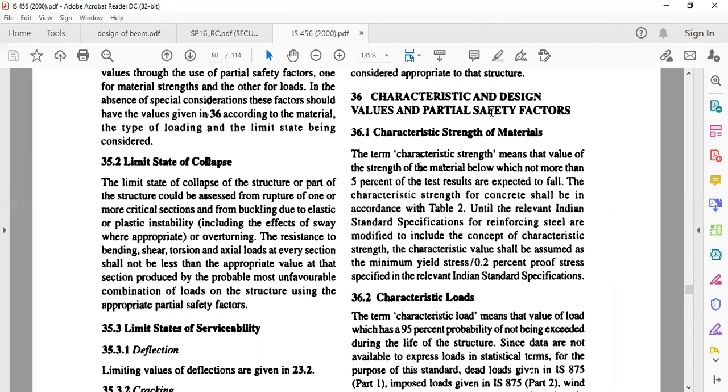So we have seen the characteristic strength of the material and characteristic load. It has been mentioned in this part, characteristic load, and what is the definition of it and the related part.